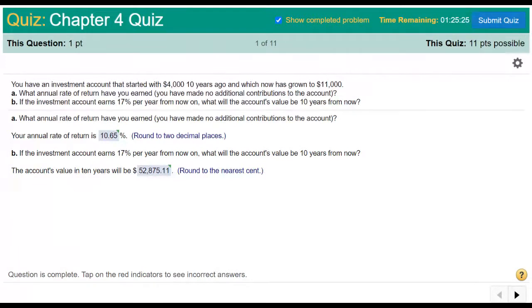That's wrong. You don't put the percentage inside the box. The percentage is already there. Round to 2 decimal points. They have a percentage outside already. You just put the answer.